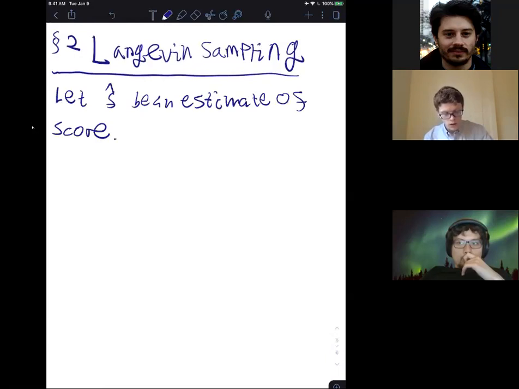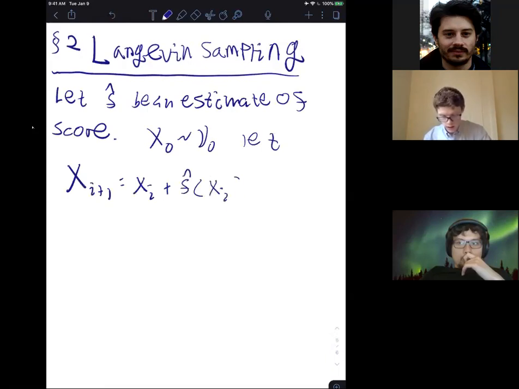Then we initialize x naught according to some nu naught, and let x_{i+1} equal x_i plus f hat of x_i times eta plus root 2 eta xi, where the xi are independent standard normals.